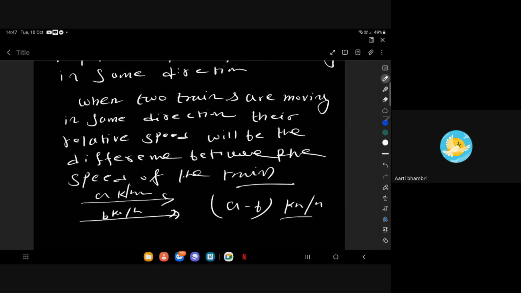If they are moving in the same direction, the relative speed is the common speed between them, the resultant speed of these two. So it is the difference between the speeds of the two trains: the larger value minus the smaller value. Clear?